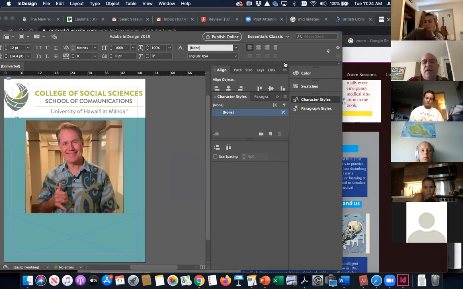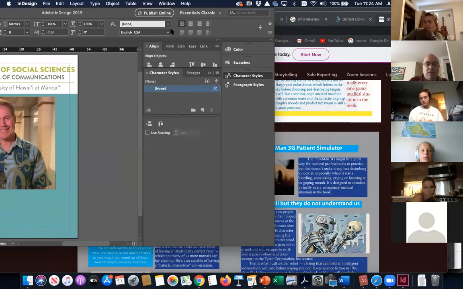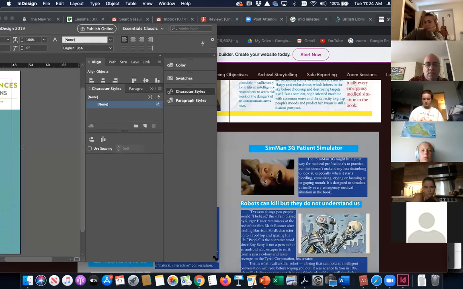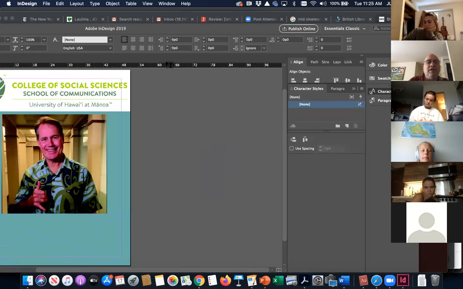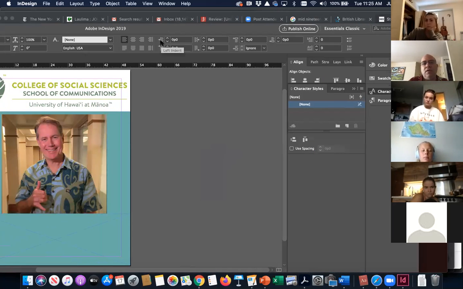I feel like they're not all coming up because my screen is so small. Hold on. Yeah, so you see these buttons here, y'all? I think these are where you adjust so that your text isn't bumping up against the edges. Did anyone fix that? Am I correct here? I think that's right. Not messing with it too much. I think that's what you're going to use.